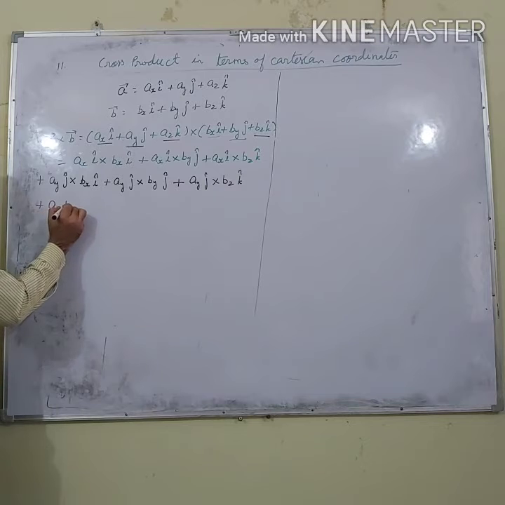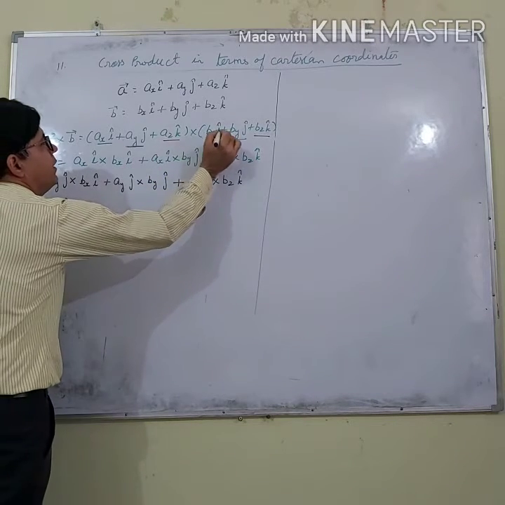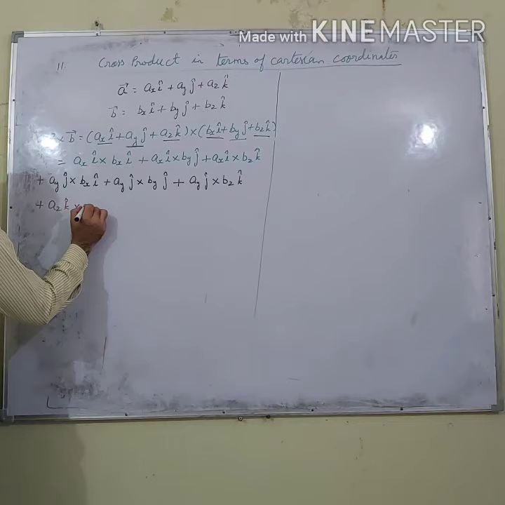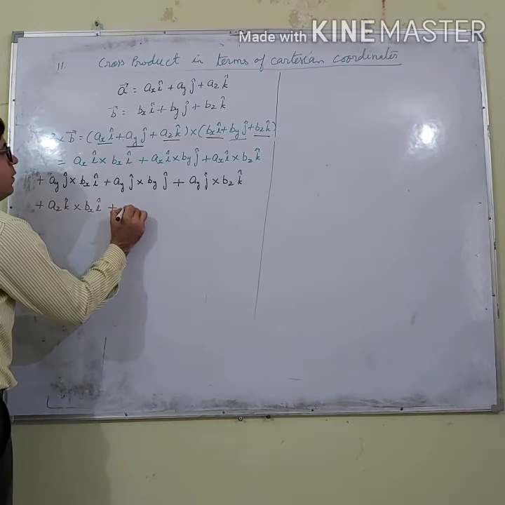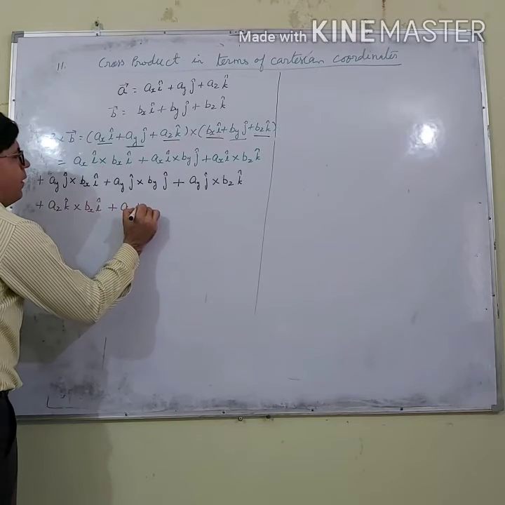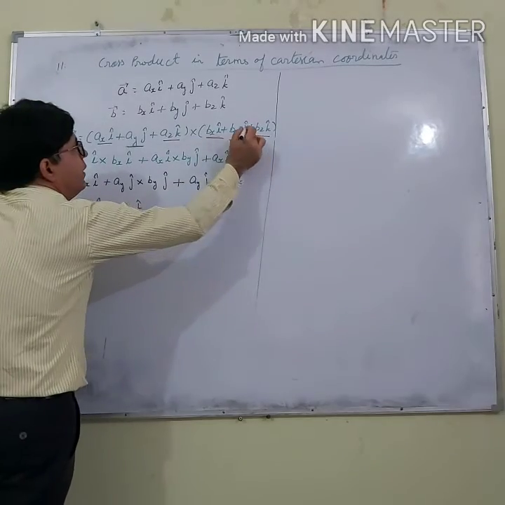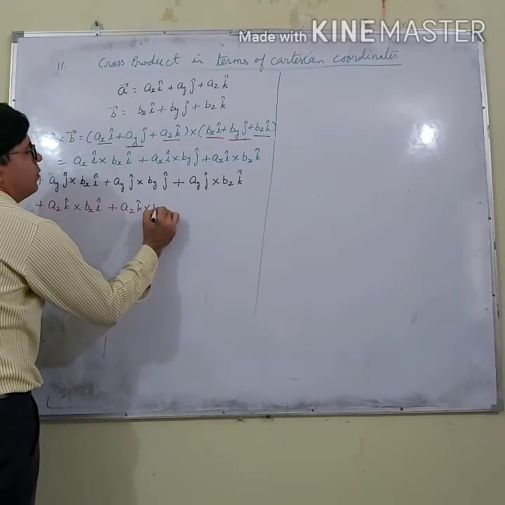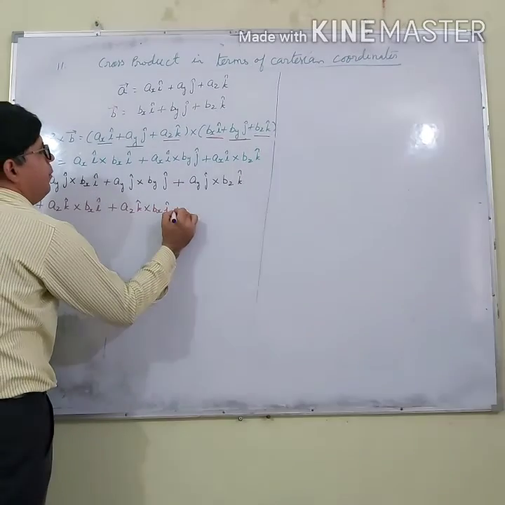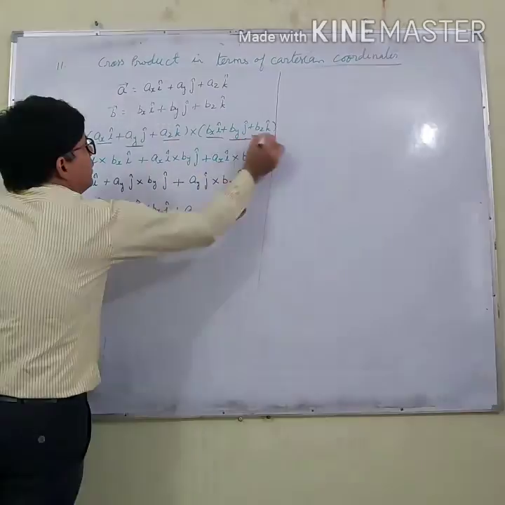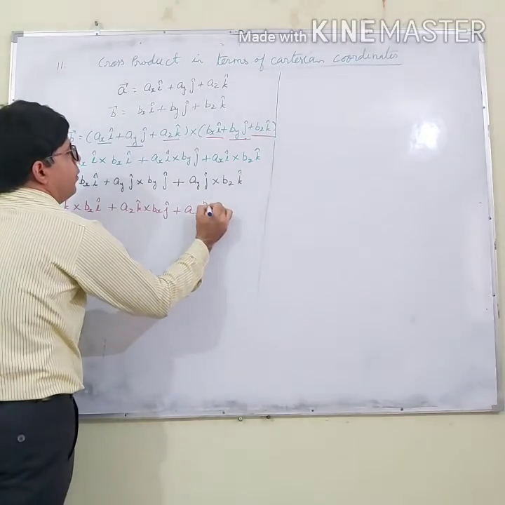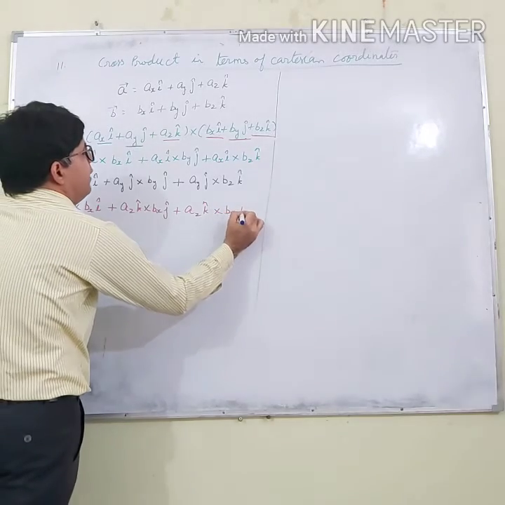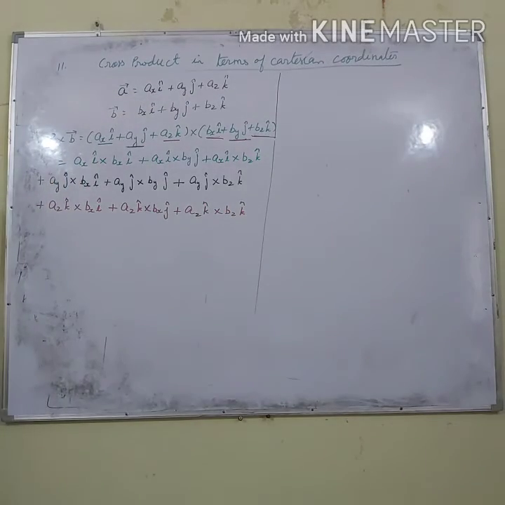A_z k cap I will do with B_x i cap cross B_x i cap, plus A_z k cap with B_y j cap, and A_z k cap with B_z k cap, A_z k cap cross B_z k cap. I think now you can do this. Let's find out.